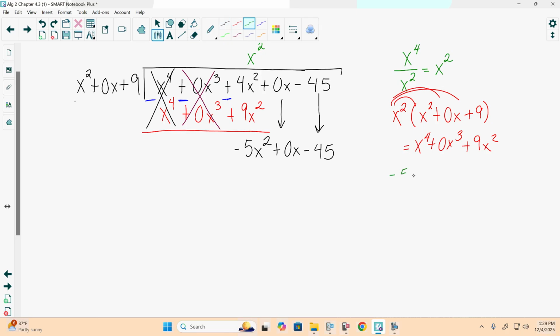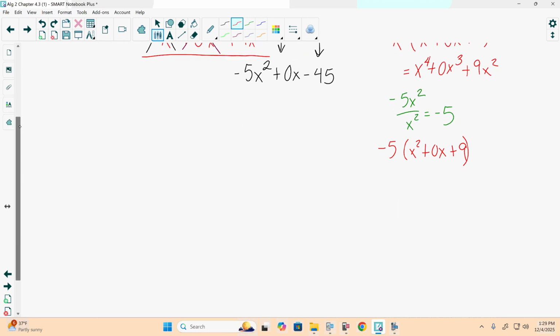Now we're going to say, take our negative 5x squared and divide it by x squared, giving us negative 5. We're going to multiply by negative 5.